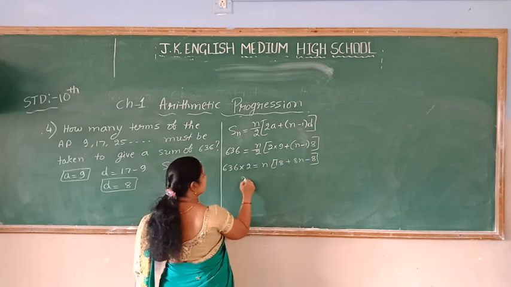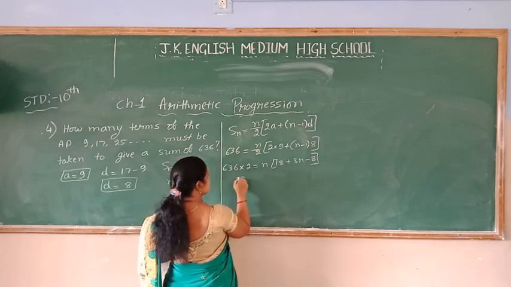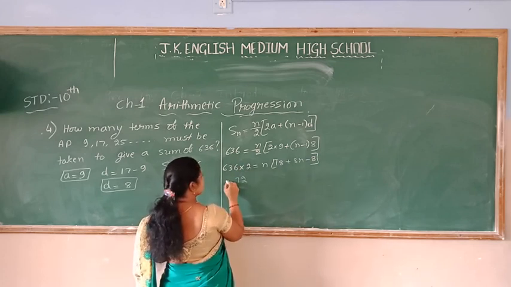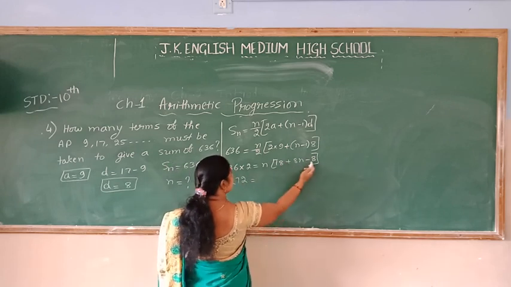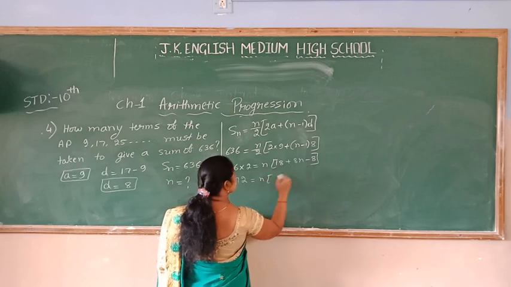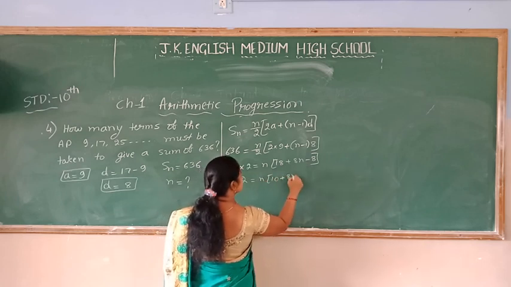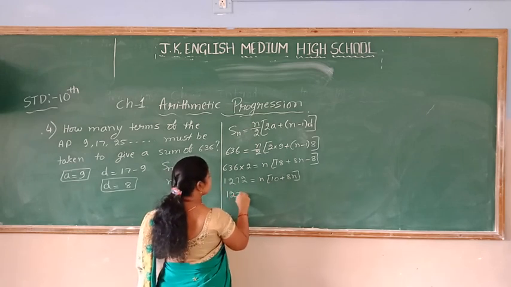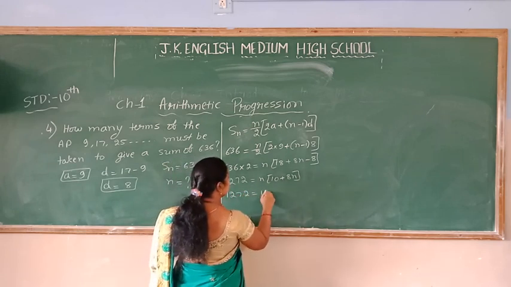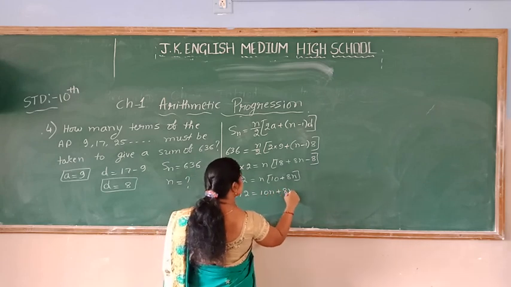simplify. 2 6s are 12, 2 3s are 6 plus 1 is 7, 2 6s are 12. So now if I subtract 8 from 18, it becomes 10. Then multiply: 10n plus 8n square.